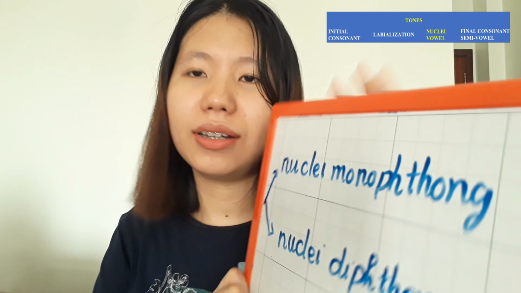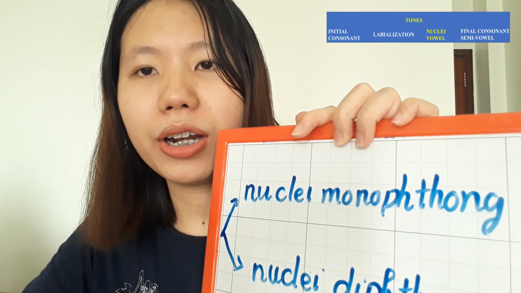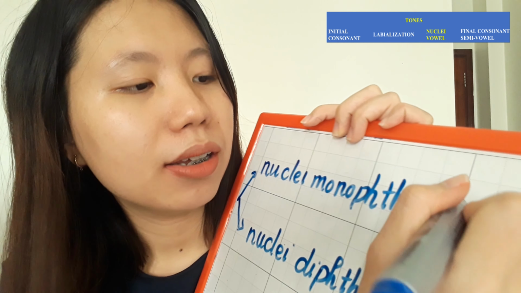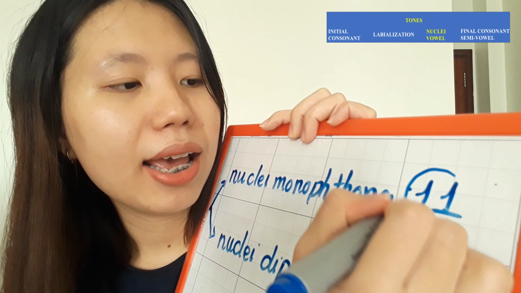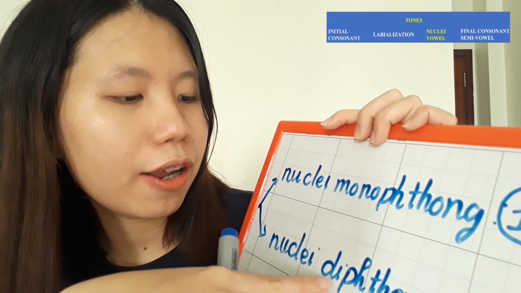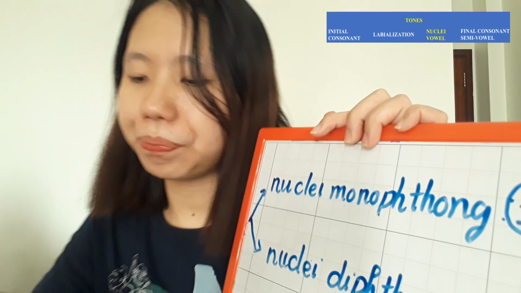Okay, and now let's move on to the nuclear vowel. In Vietnamese, nuclear vowels will be divided into 2 categories, including nuclear monophthong and nuclear diphthong. For nuclear monophthong, we have 11 sounds. And for nuclear diphthong, we have 6 sounds.